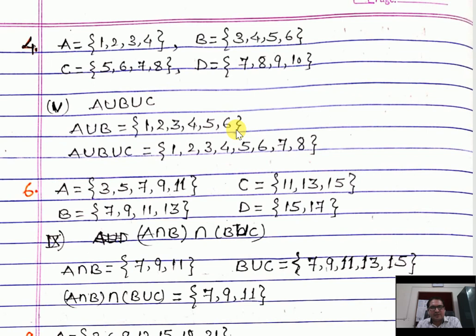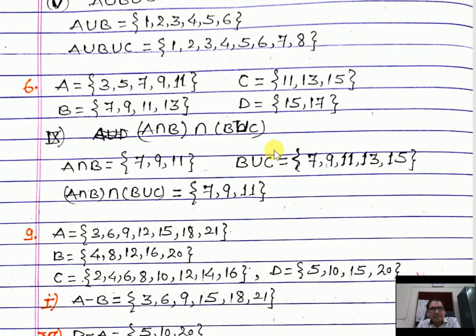So 1, 2, 3, 4, 5, 6, that is the A union B. Now A union B union C. Now this is the A union B. Now this set you have to find the union of this set with C. So C means what? 5, 6, 7, 8. So 5, 6 common, look at here, this is the 5, 6, here also 5, 6. So 1, 2, 3, 4, 5, 6, 7, 8.